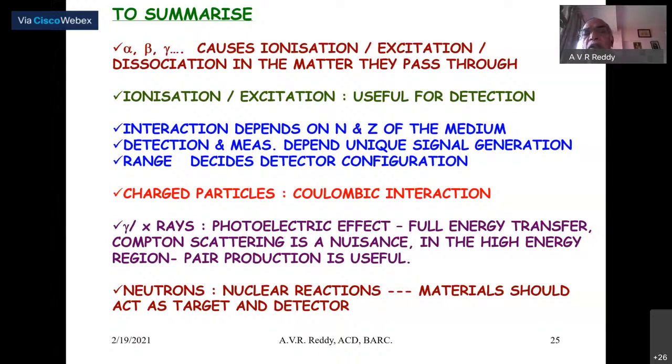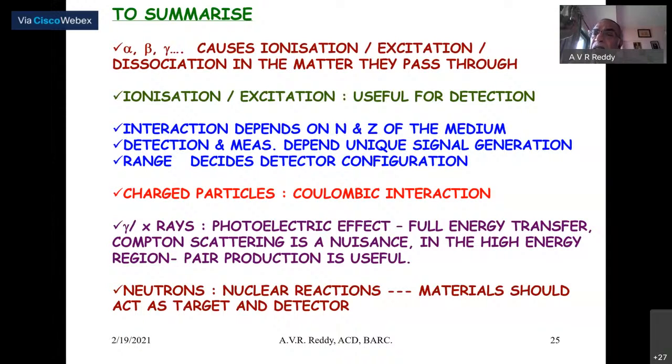They also cause dissociation, which is not that useful for radiation detection. And interaction depends on the number density of the atoms and atomic number. And detection and measurement depend on unique signal generation. Range of the radiation in the matter decides the detector configuration.